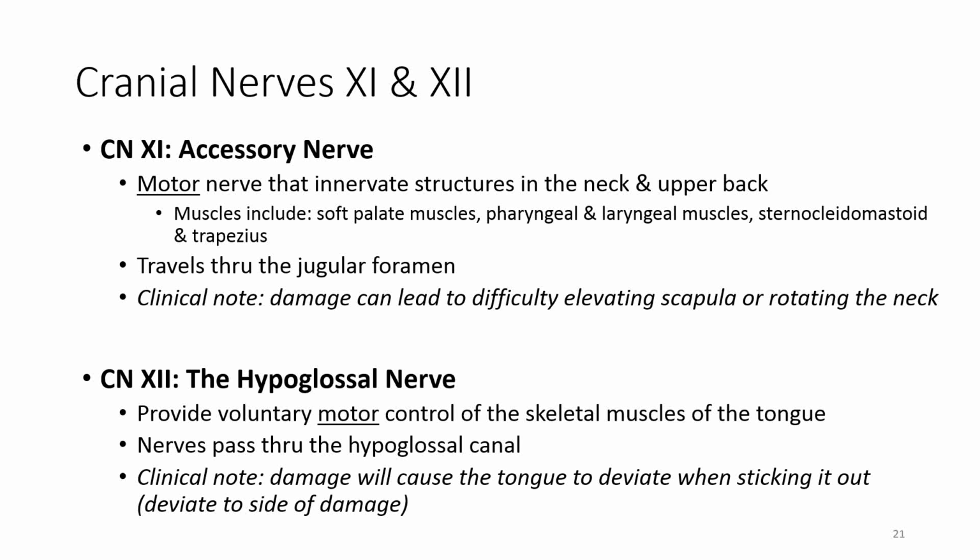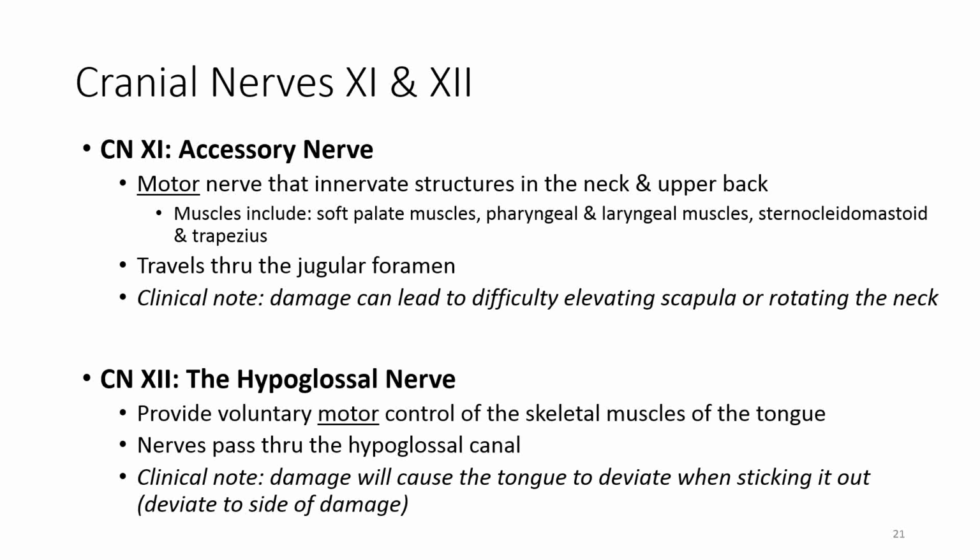So the last one here, cranial nerve 12, is the hypoglossal nerve. This one provides voluntary motor control to the skeletal muscles of the tongue, and so that allows you to speak. So all of the tongue movements that you need to speak and produce sound, sticking your tongue out, any of those voluntary movements that you're doing with your tongue.